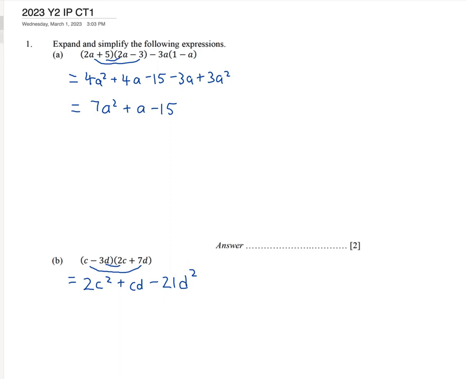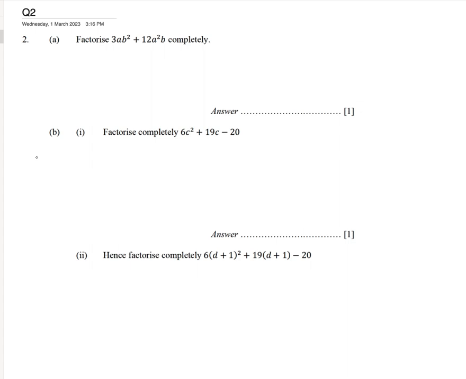Now we move on to the second sum. The second sum is a simple sum on factorization of common factors. Looking at the numbers, the common factor is 3. Looking at the a terms, the common factor is a.